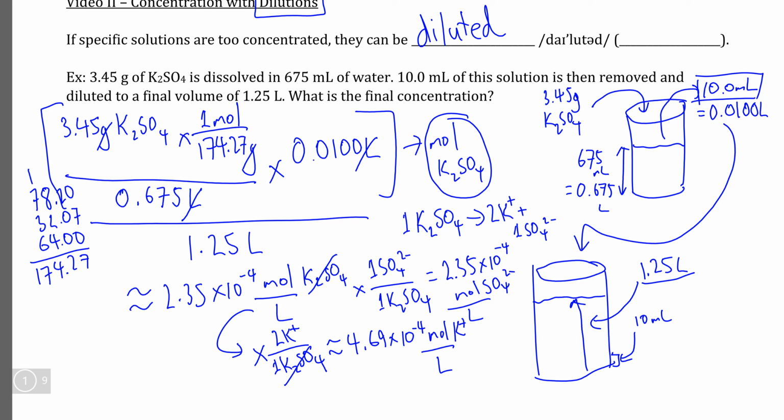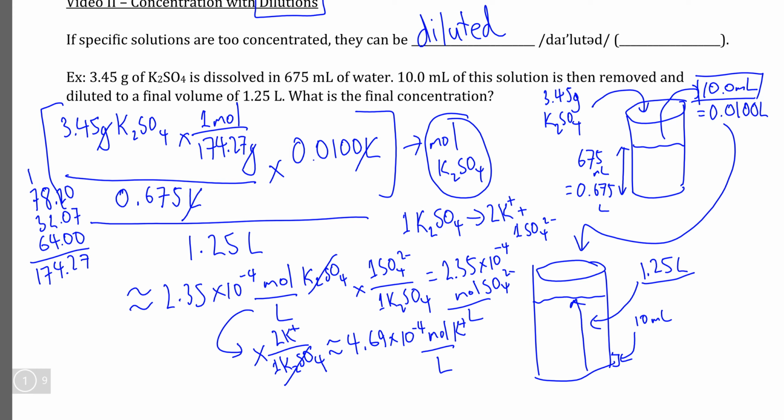So backtracking, because there's a lot that's been talked about here, the first thing we need to do when given a dissolving calculation is to calculate the starting concentration of the original solution, which is 3.45 grams of K2SO4, which we convert into moles so that we can divide by our starting volume to get moles per liter.